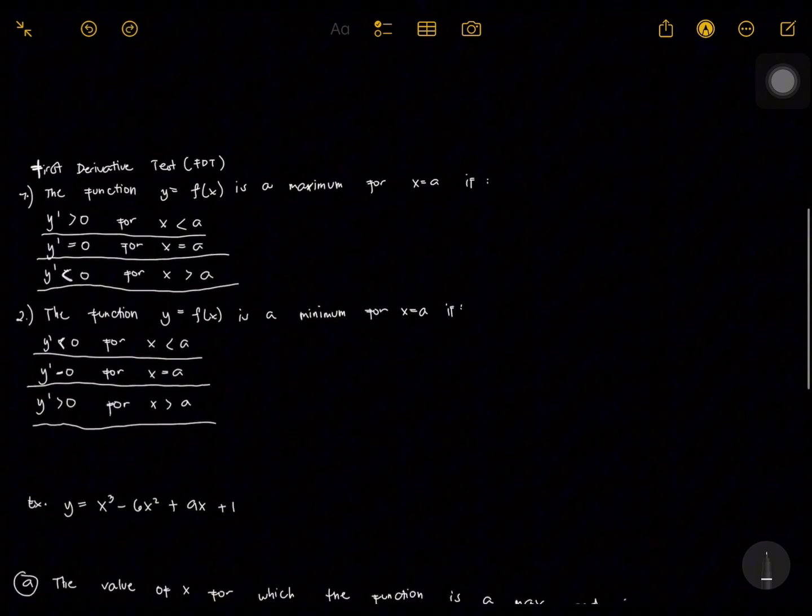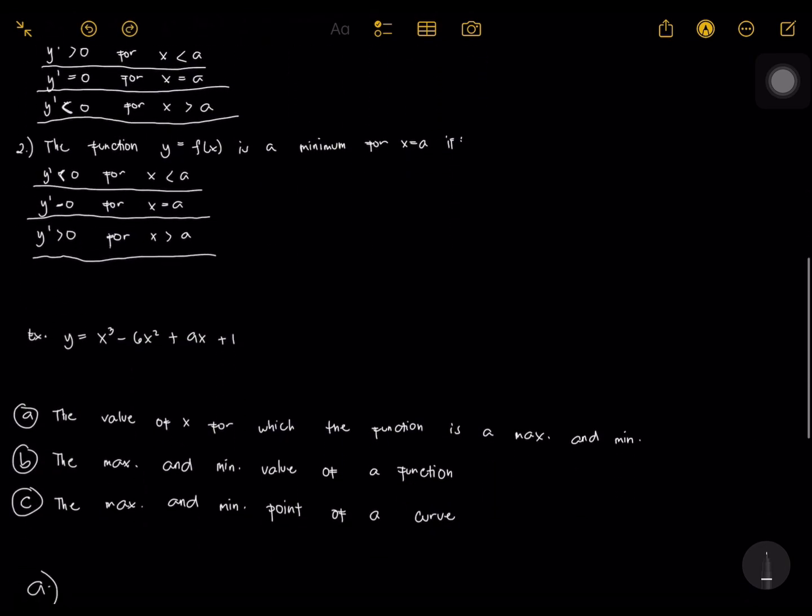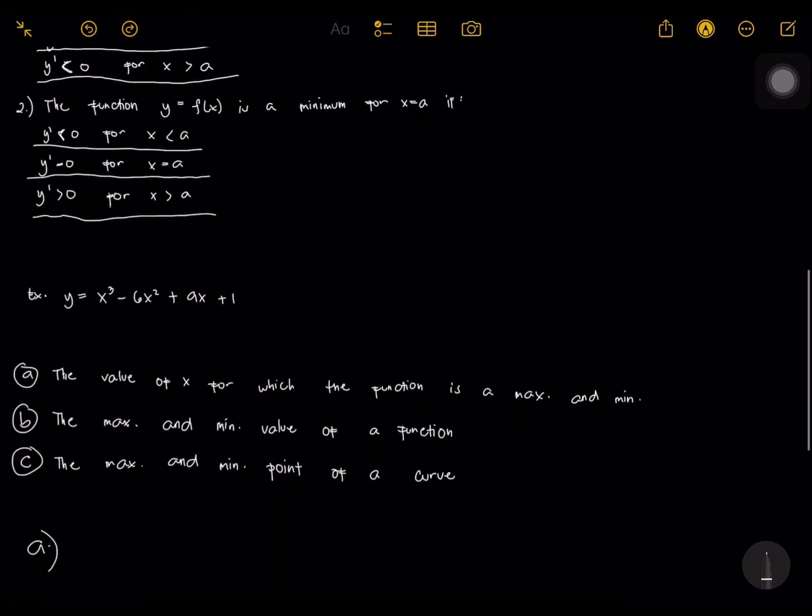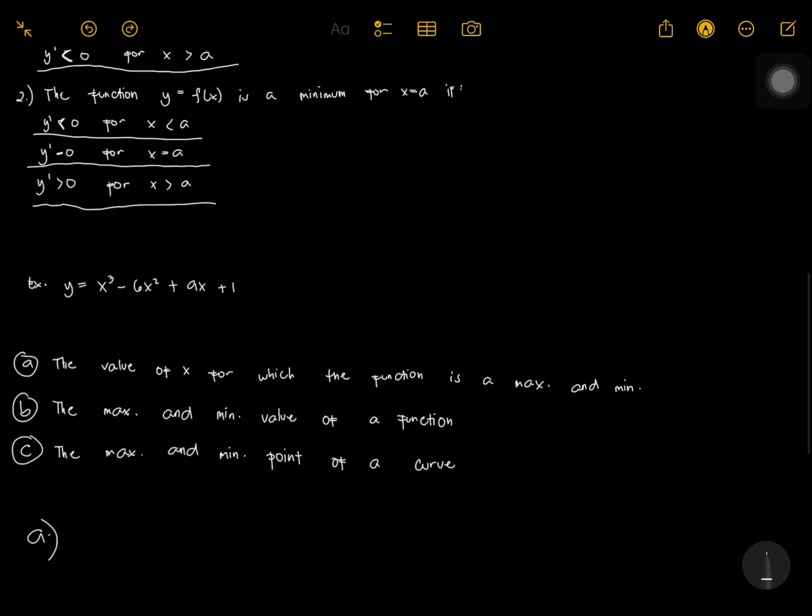So, proceeding, we have an example here: y equals x cubed minus 6x squared plus 9x plus 1. We have the following steps to follow.